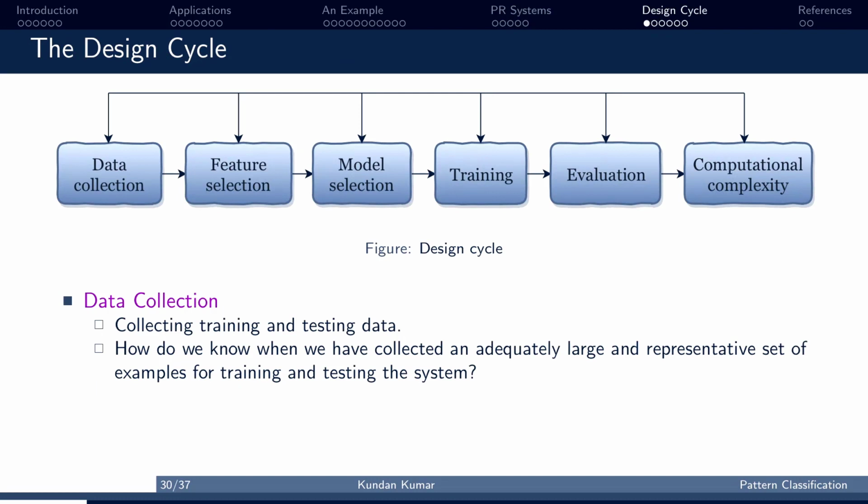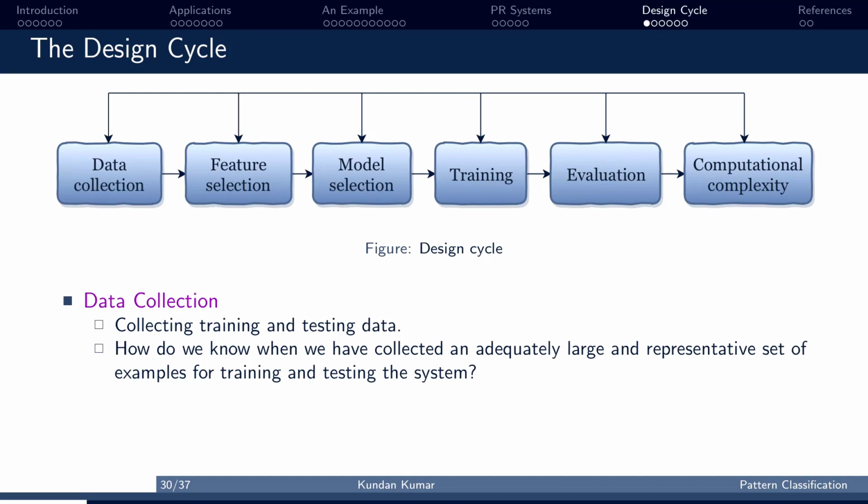As we design the pattern recognition system, in the same way we can have a design cycle. In the design cycle we have loops. Suppose whatever model we have chosen is not giving a very good result, then we change our model with a new one.